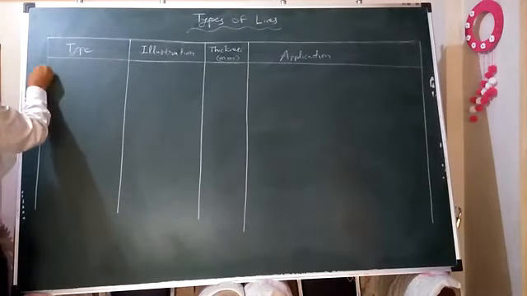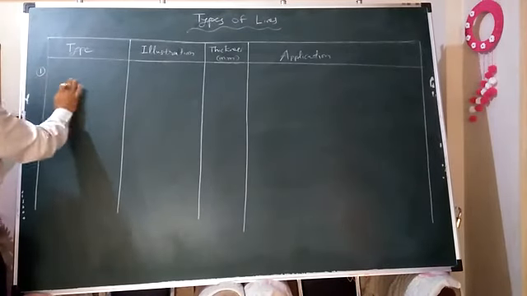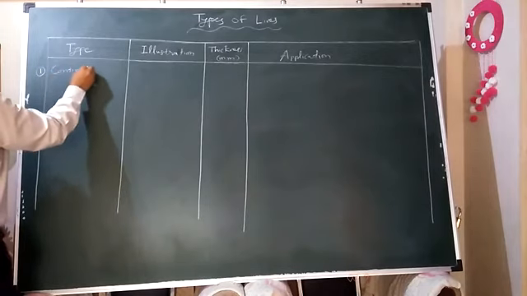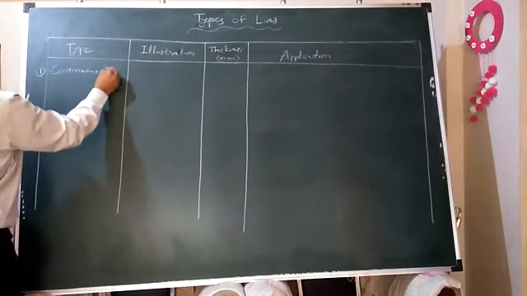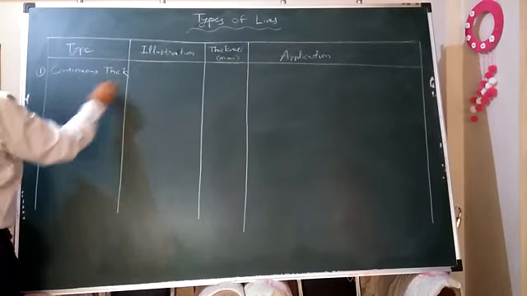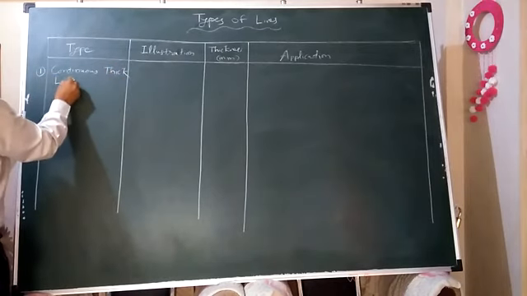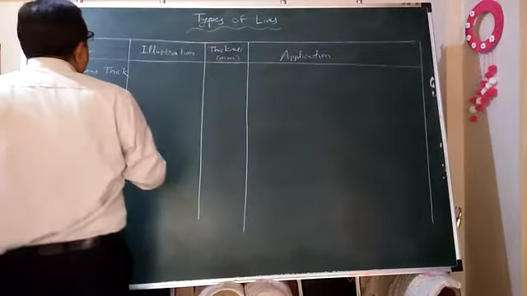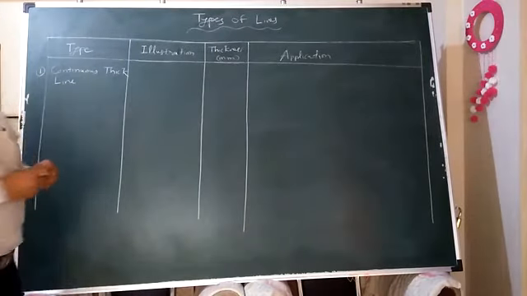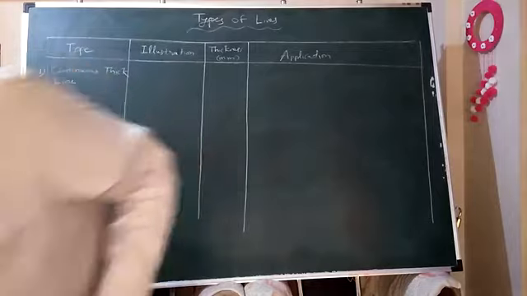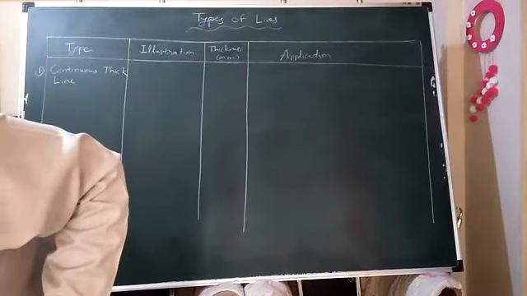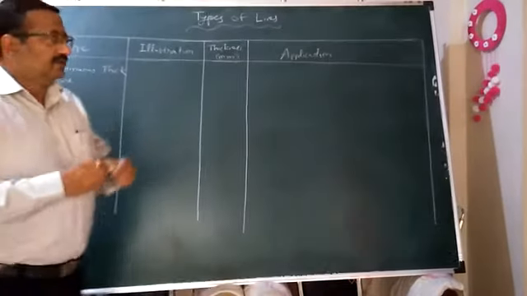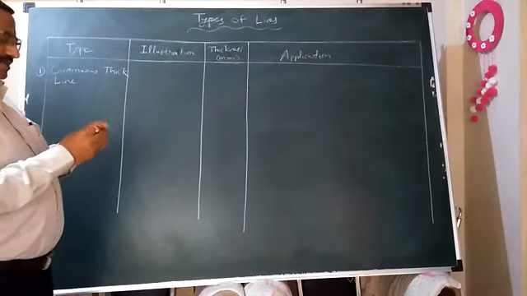First kind of line, its name is continuous thick line. So how to construct that line? Just hold the 0.5 mm clutch pencil, mechanical clutch pencil.